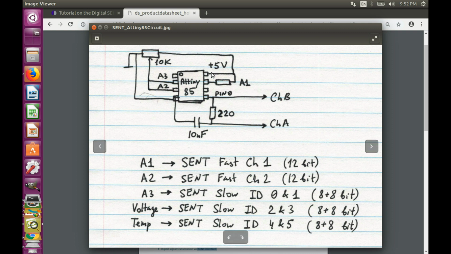It has 3 ADC channels, A1, A2 and A3, and we are going to use them all to collect analog data and then convert it into the digital SENT packets and send them out on pin 0 that is connected to channel B. We are going to do a little bit of smoothing of the signal and then feed it to channel A, which we are going to use for decoding.